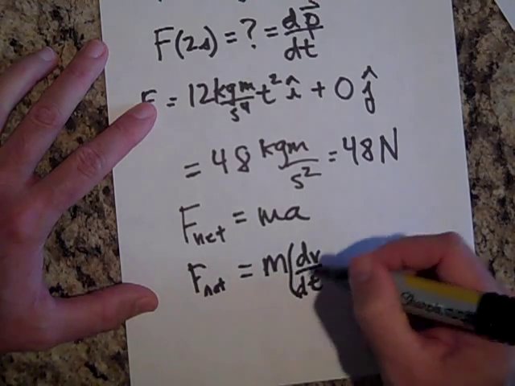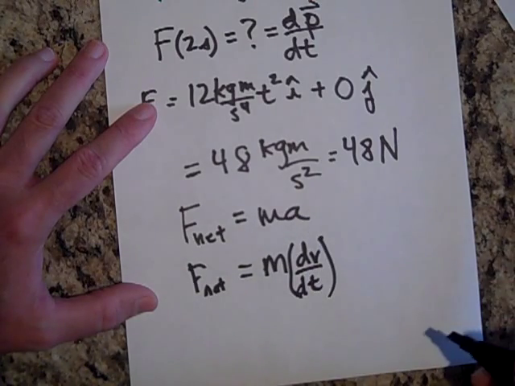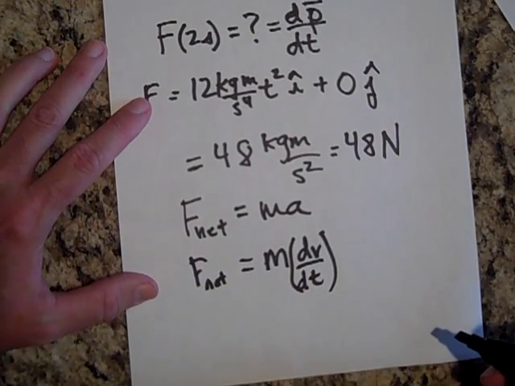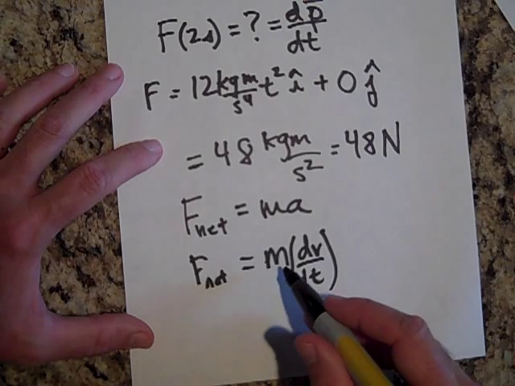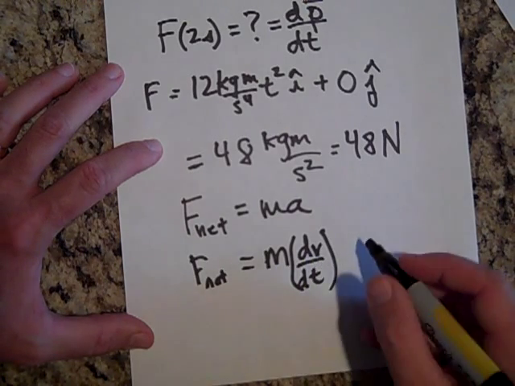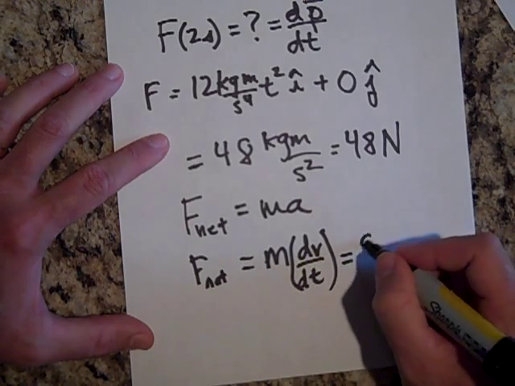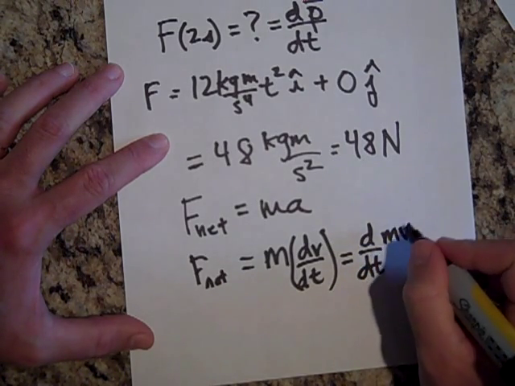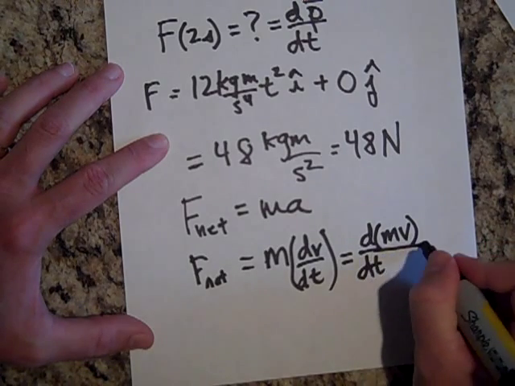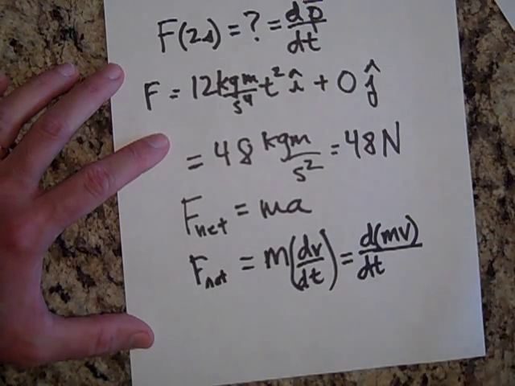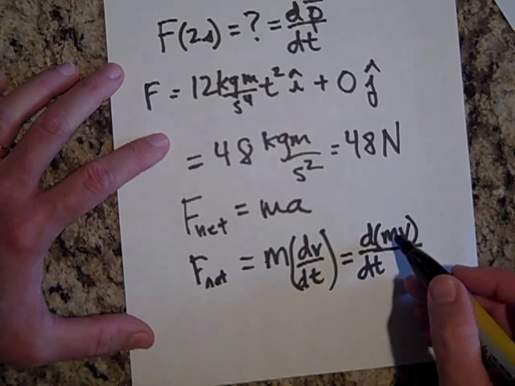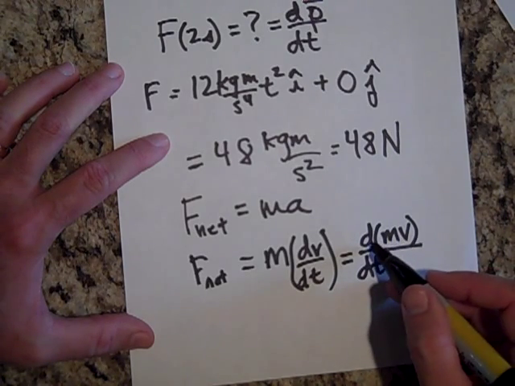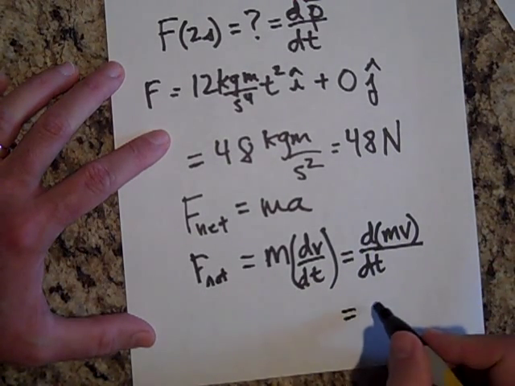Isn't that a? Well, if that's the case, let me put the m, which is a constant, in the derivative. You can throw a constant into the derivative if it's on the outside. And when you do that, that's just the momentum. So that's why it's dp/dt.